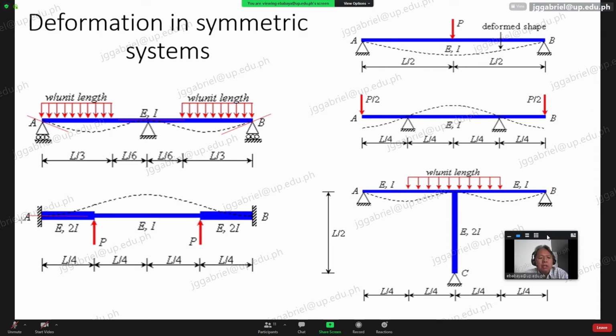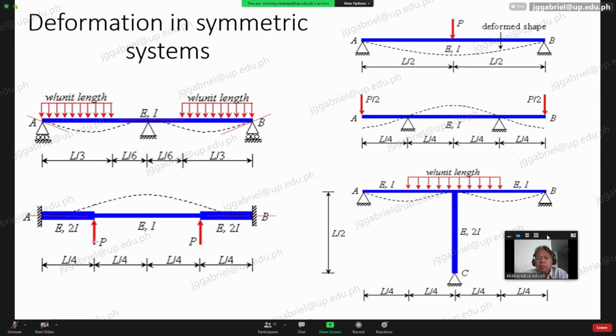Dito meron. Because for fixed support, the angle here is maintained to be perpendicular to the support. Itong axis ng support natin, which is vertical. So this one is horizontal. Okay, same is true with the other end of the beam because it is fixed supported.